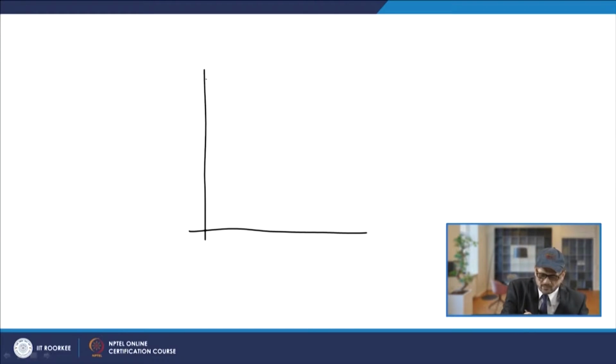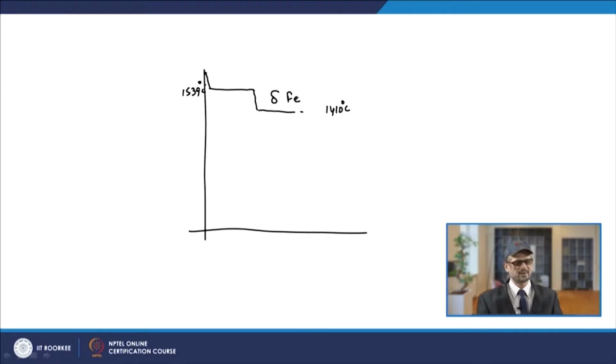So, if you are coming from a higher temperature, then at 1538 or 1539 degree centigrade the liquid will start crystallizing, and down to about 1410 degree centigrade you get the delta type of iron, that is known as delta Fe.